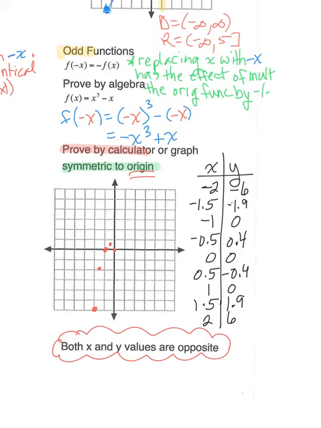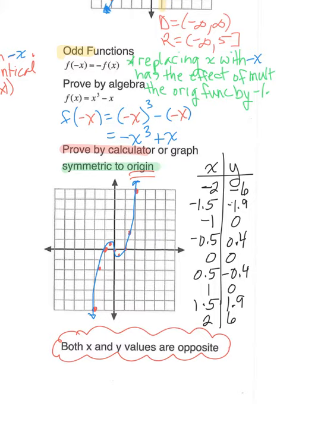And then positive 1/2, down almost a half, and then 1, 0, so there's another 0, and then 1.5, almost up to 2, and then 2, 6. So I'm going to connect those. All right, so symmetric to the origin.